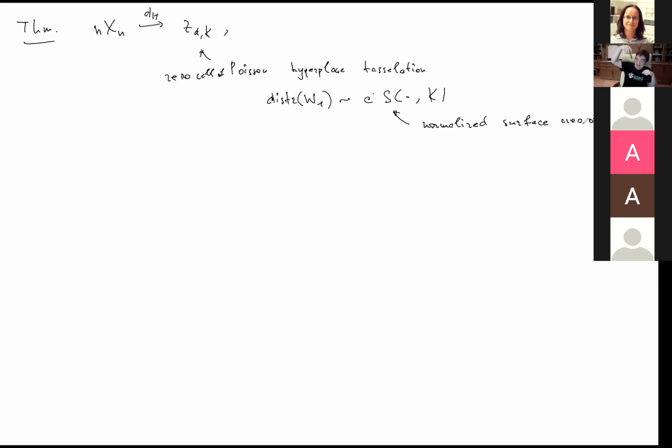These rays intersect K. So there is some set of points of intersections of these rays with K, and the surface measure of this set, properly normalized, gives you the distribution of W1. So in particular, if K is a ball, this is an isotropic hyperplane tessellation. So this is the first part of the result, and the second part, for the polar object, this converges to the convex hull of the PD1.